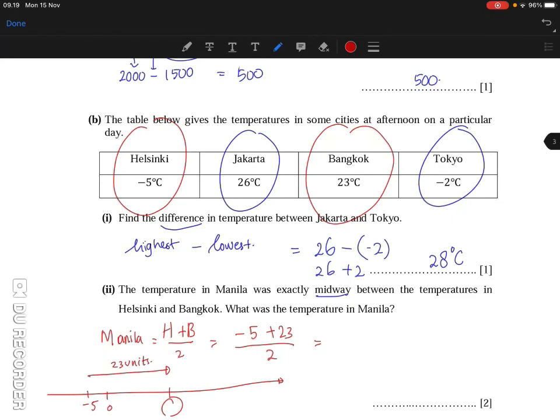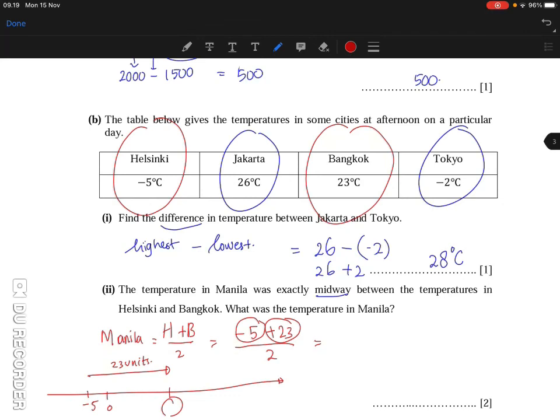Now I need to use a different method here. We have -5 and 23. Ignore the sign, and between 5 and 23, the highest number here is 23, right? This 23 is a positive number, so it means your final answer should be a positive temperature, positive Celsius.